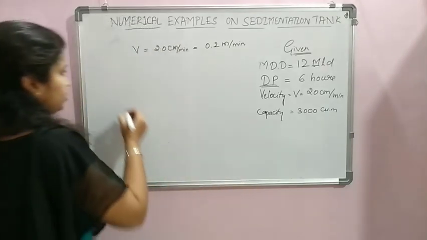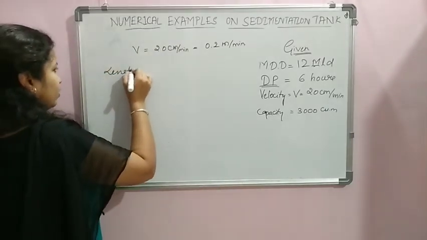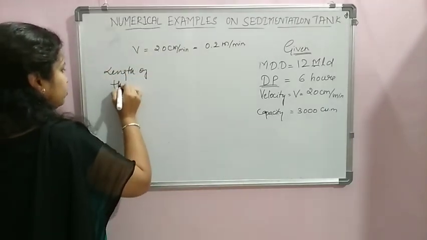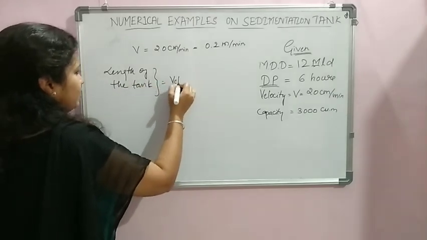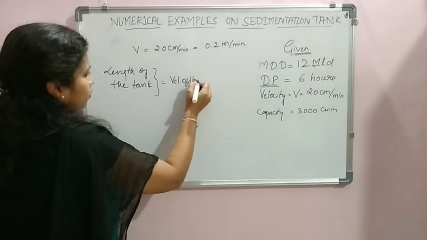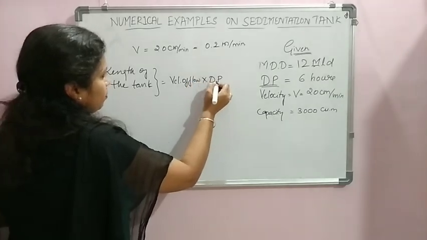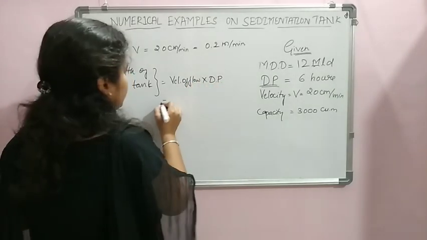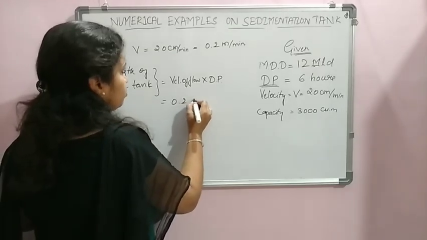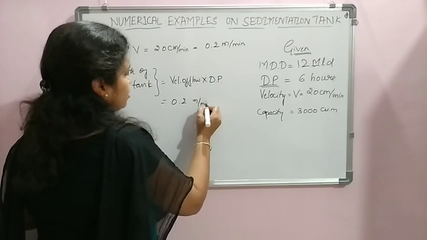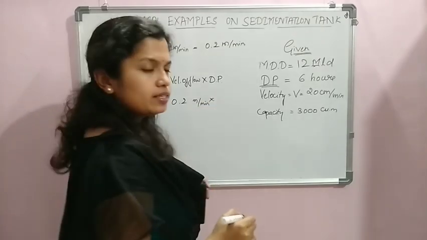So length of the tank is equal to velocity of flow into detention period. Here we can see velocity of flow we have as 0.2 meters per minute into detention period, which is 6 hours.